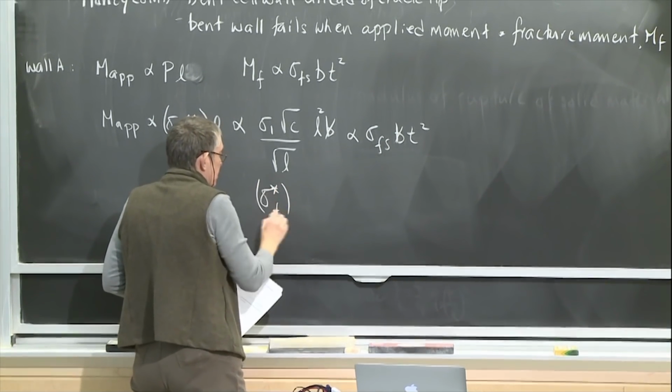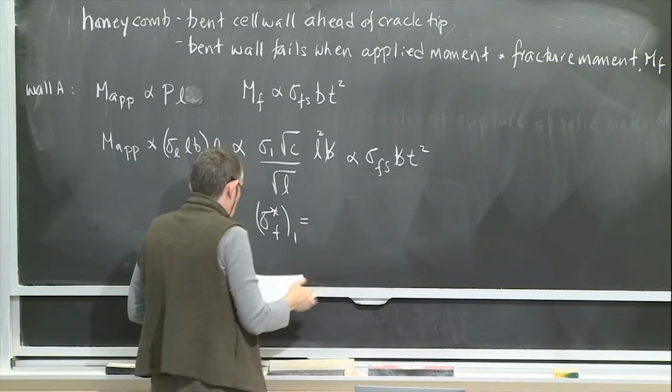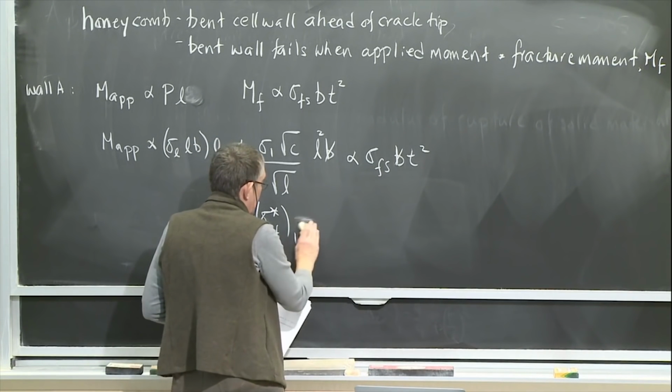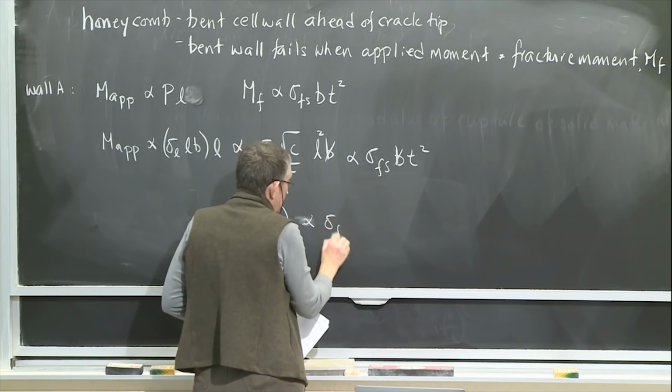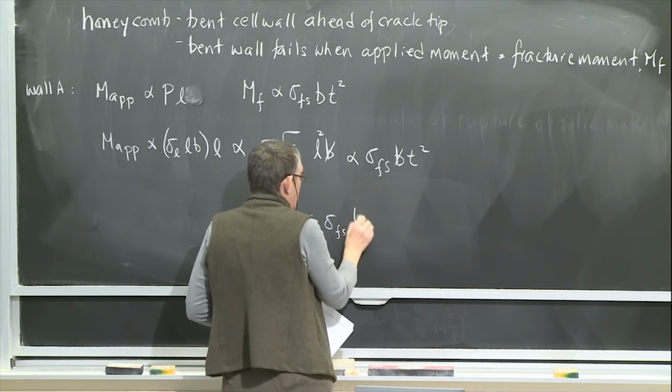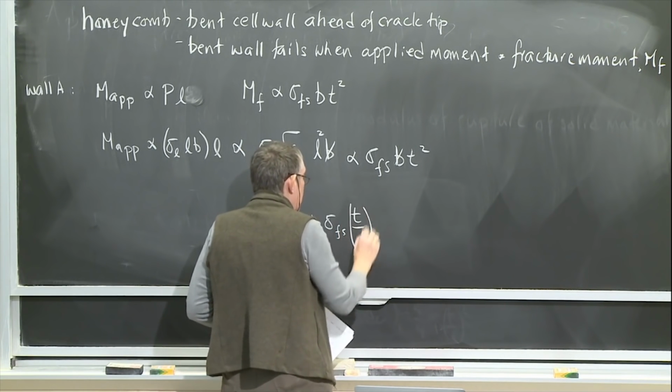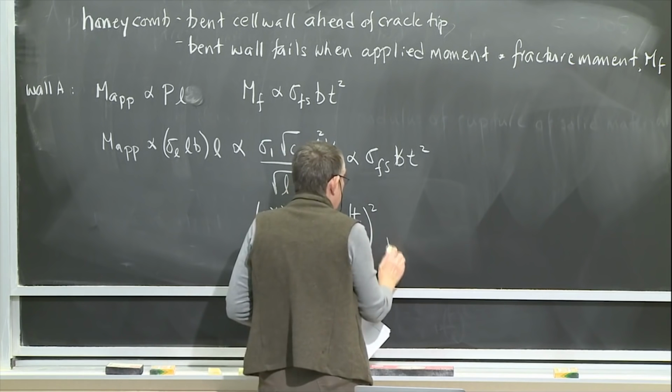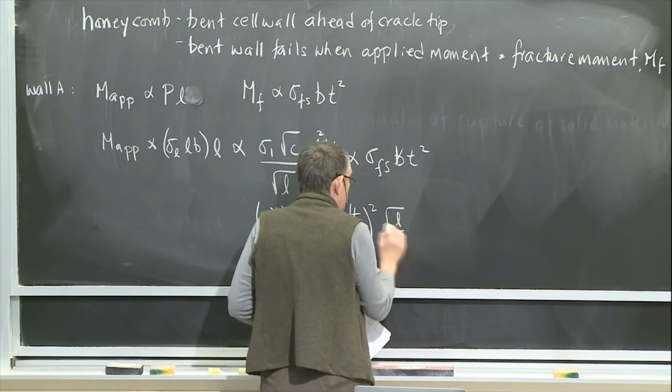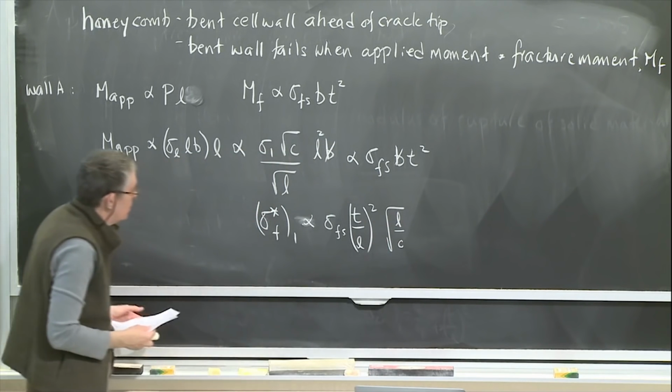for a fracture stress in the one direction, and that's going to, well, let me make it proportional. That's going to be proportional to sigma fs. Then there's going to be a T over L squared, and then this is going to go as the square root of L over C, like that.